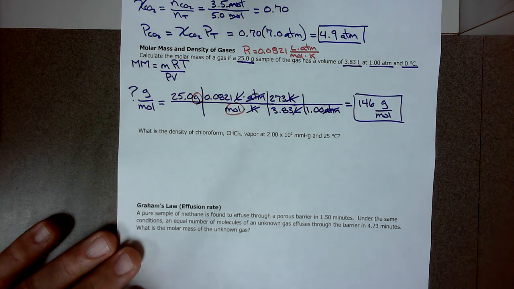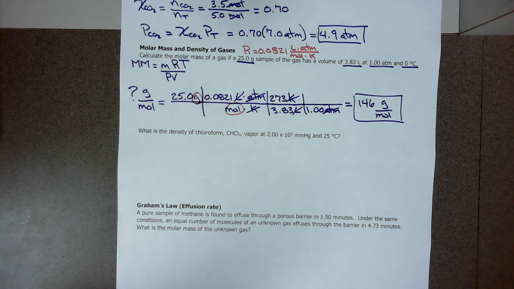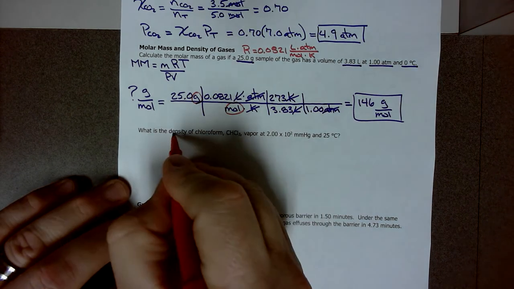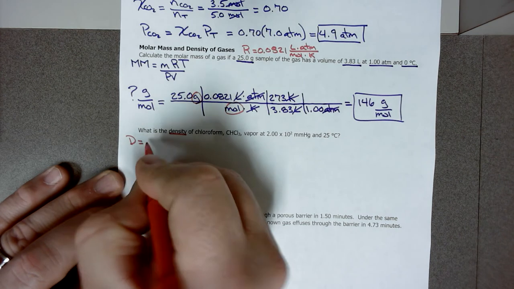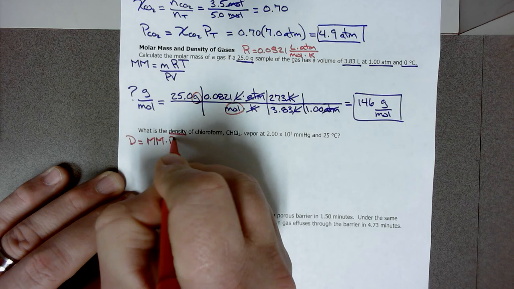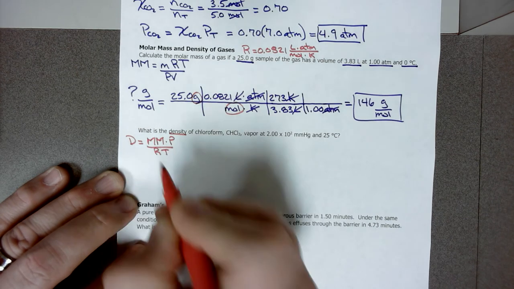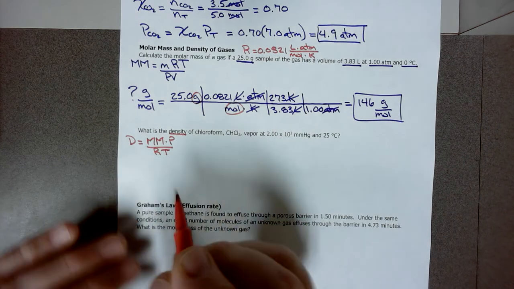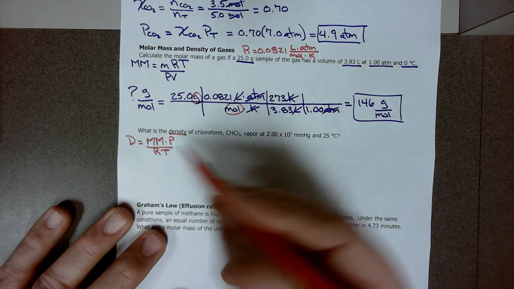The next equation we're going to do is density. So let's find density. Now, the density equation is density is equal to molar mass times pressure divided by RT. Now, if you remember the equation, it's not too difficult. First, let's make sure we know we have molar mass.